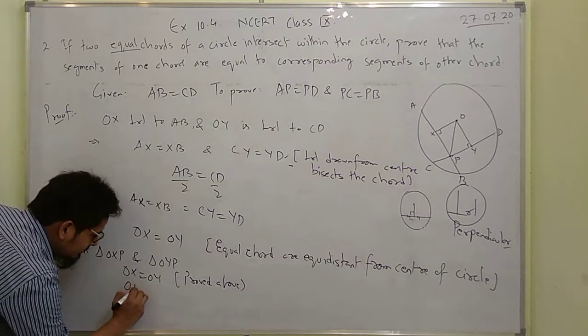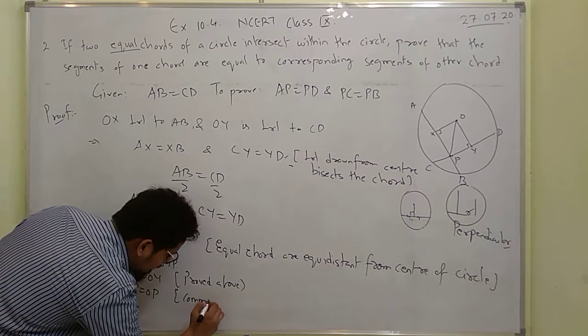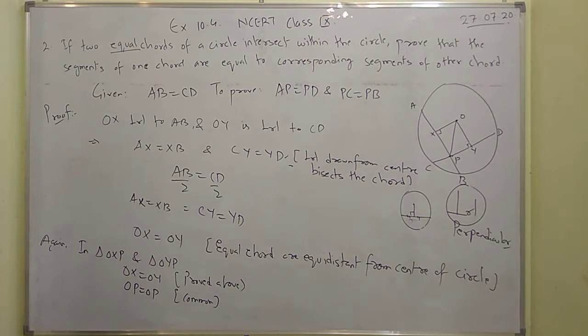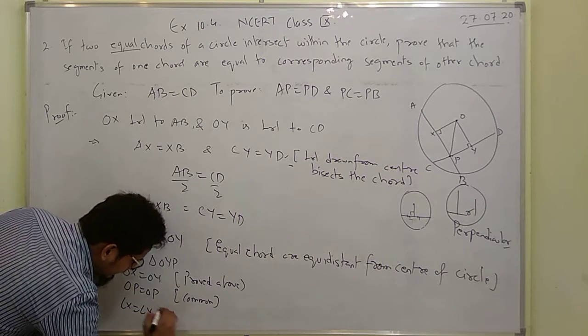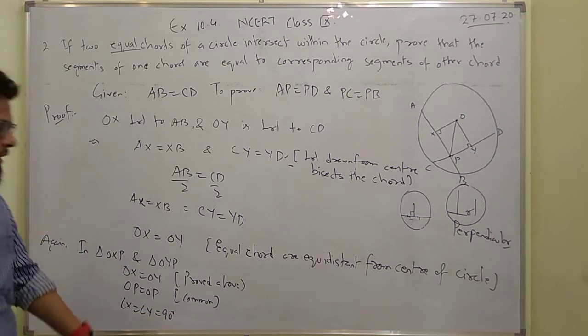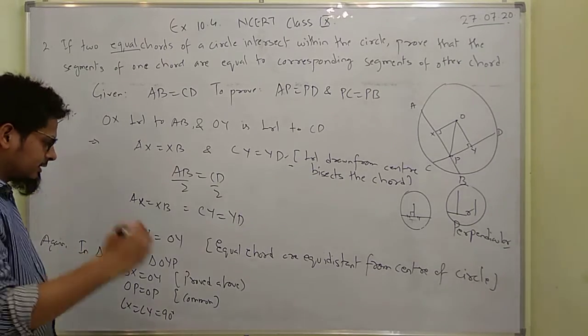And OP is equal to OP. This is common and this will be your hypotenuse. Okay? And angle X equal to angle Y, each of 90 degrees. So which one will you use here? We will use RHS, right angle hypotenuse side, right?